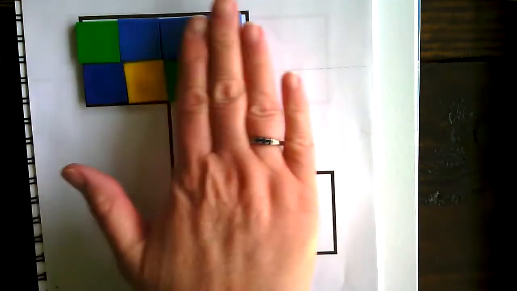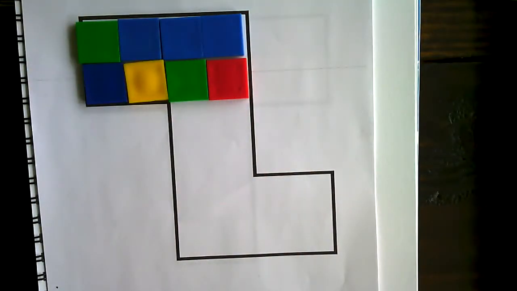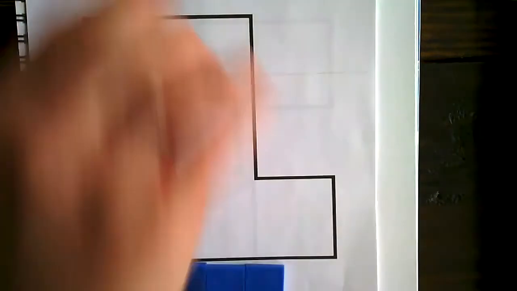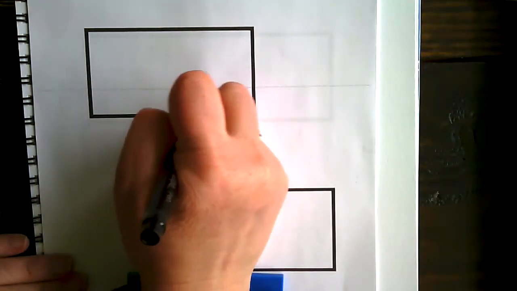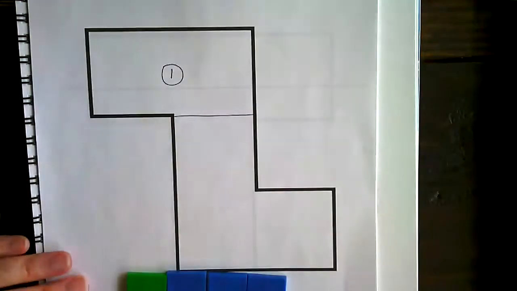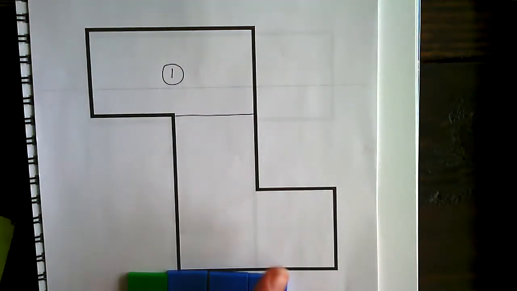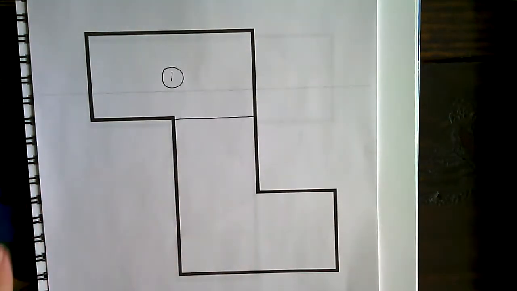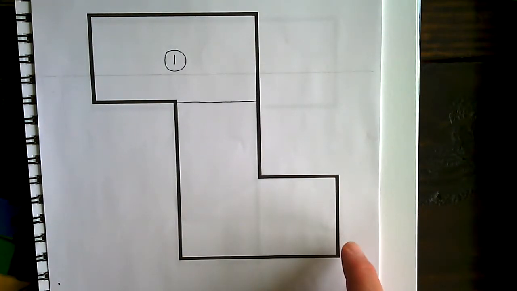When you cover up part of this, are you noticing that right here is a regular rectangle? If you draw a line right here, you end up creating one regular rectangle. Okay, let's take a look at the rest of this. This is not a regular rectangle, but we could figure it out.